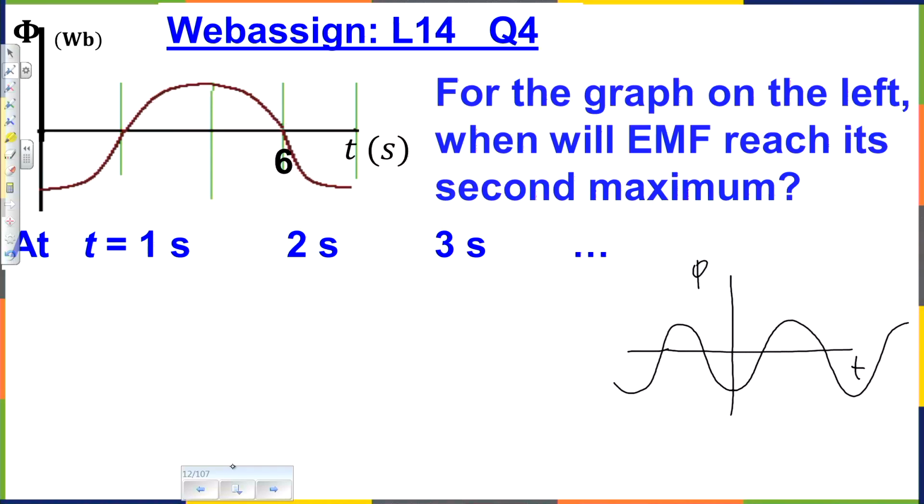So for this graph, this time people would call the time when flux reaches first maximum. Even though mathematically, that's a minimum, because when people say first maximum or first minimum, they mean the magnitude. They don't say it every time, but they mean the magnitude.